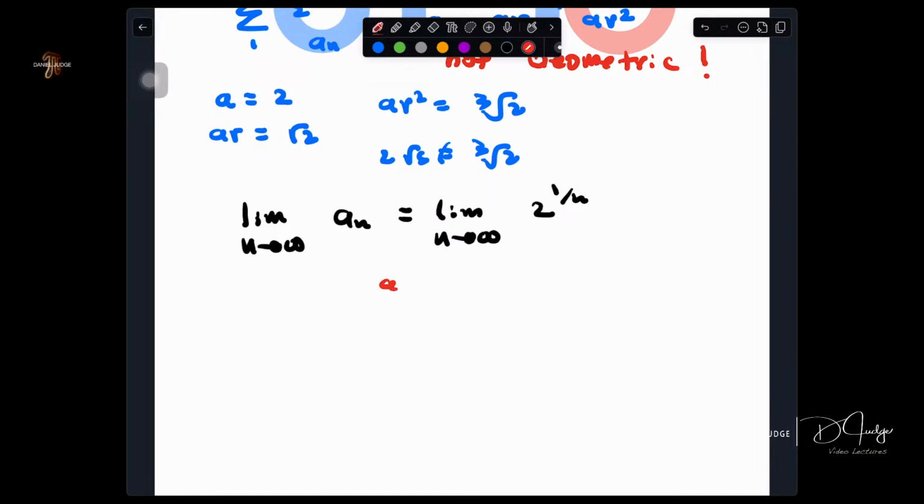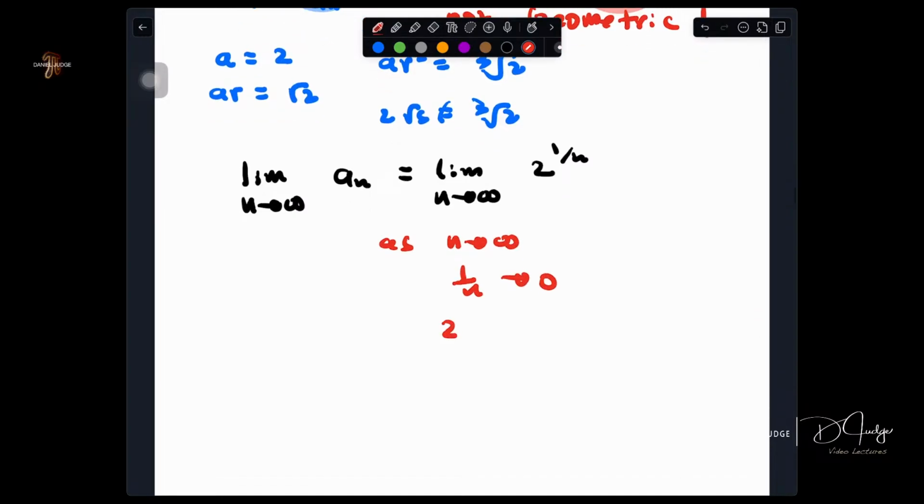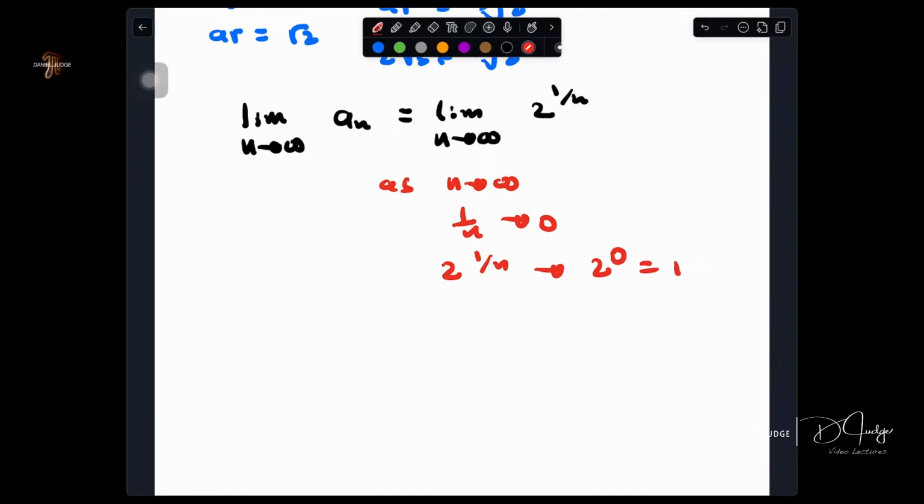Now, as n goes to infinity, 1 over n goes to 0, and 2 to the 1 over n goes to 2 to the 0, which is 1. What we've found is that this limit is not equal to 0. In fact, the limit is 1. So the limit equals 1. It is not 0. So the series will diverge by the divergence test.